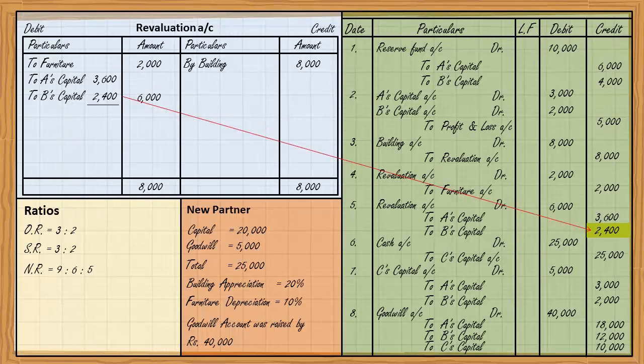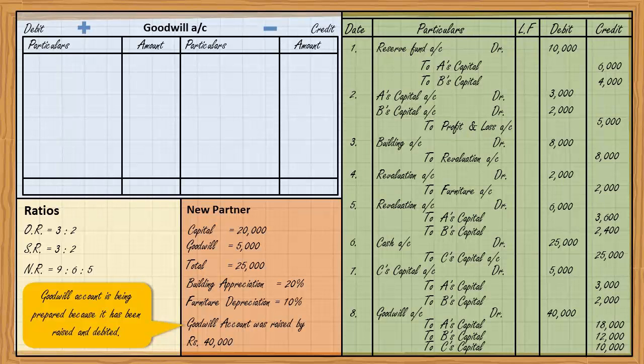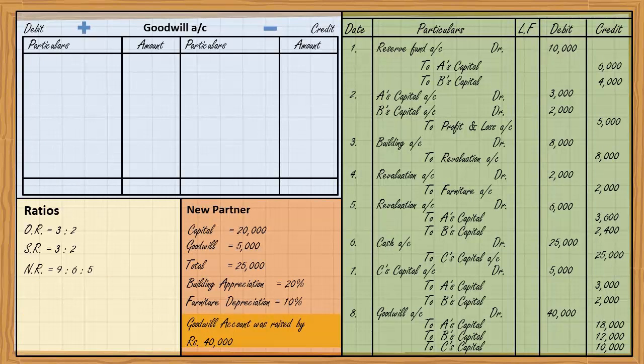Now goodwill account. You have to prepare goodwill account only in case you have written off or you have raised goodwill account, because in this question you have raised goodwill account by rupees 40,000. So you have to prepare goodwill account.